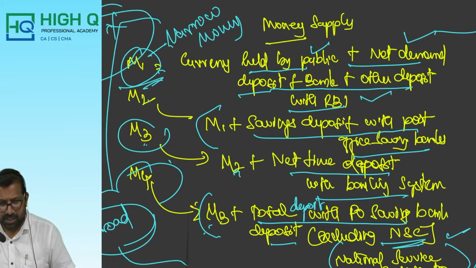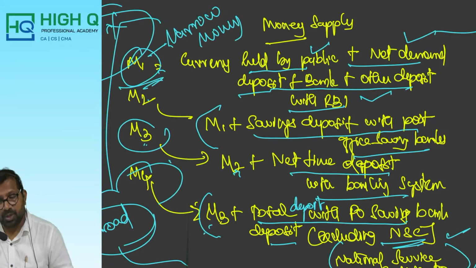In this concept of money, what are the various theories of money and types of approaches? Cash balance approach, Cambridge approach, neoclassical approach, demand for money. The formula for demand for money is K into PY, where K represents the proportion of income that people want to hold as cash, and income is Y. In the quantity theory of money, P into T, P is the price level and T is the transactions.